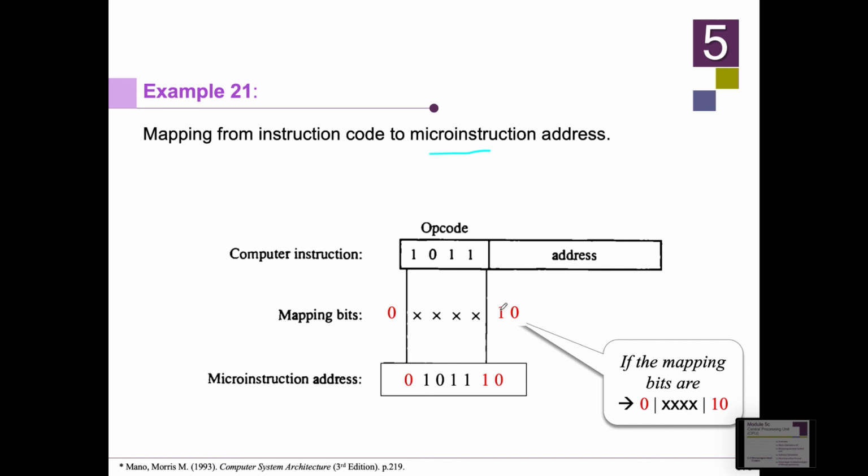If the mapping bits are 0, then X and 10, you're going to bring it all down. What you need to change is only the X over here, which depends on the computer instructions above.